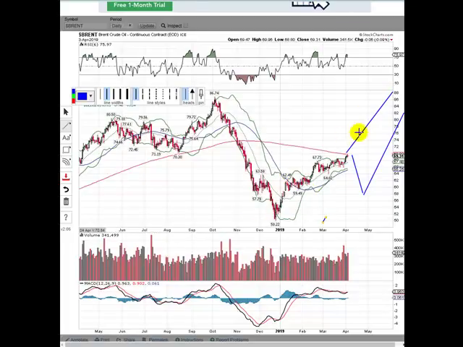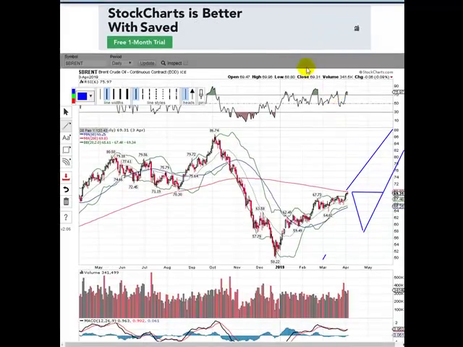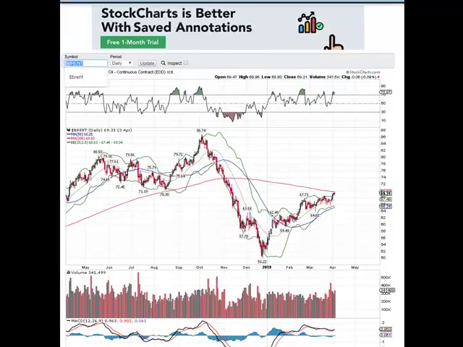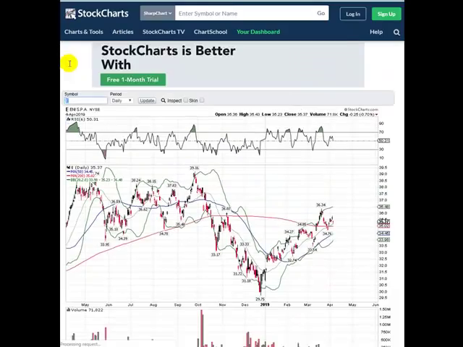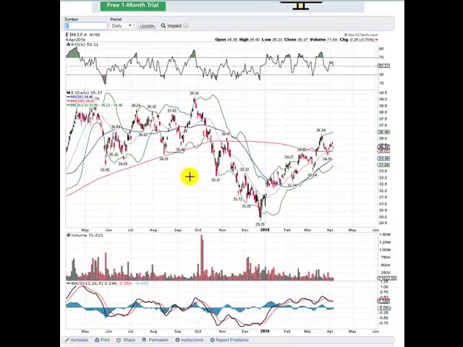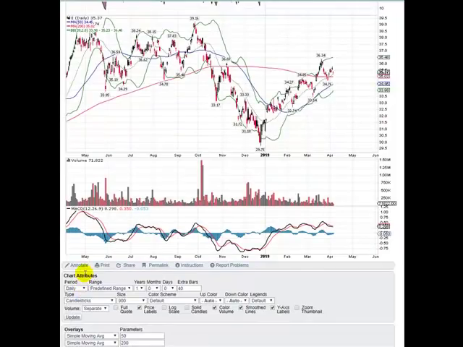It typically has these pullbacks along the way. And can it consolidate sideways and not have a dip and head higher? Sure, that can happen as well. But just know, if it pulls back a decent amount, then you're probably going to see ENI, which is ticker symbol E, have its own pullback as well.